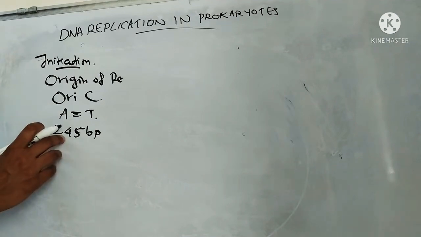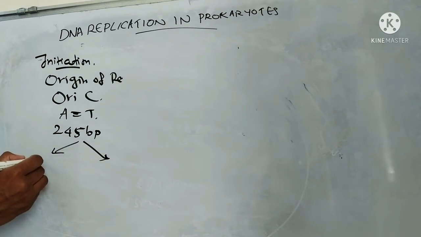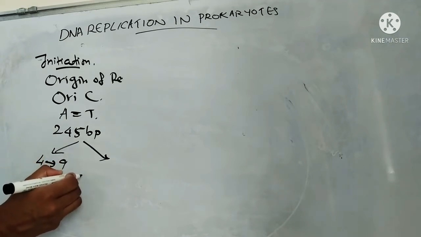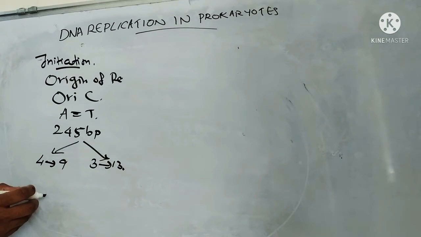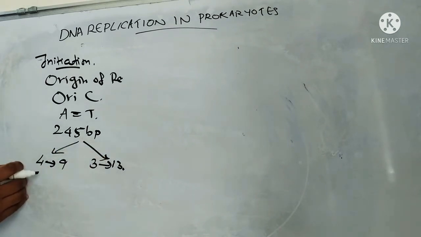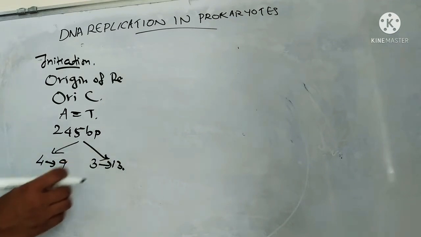This 245 base pairs consists of 2 short sequences: one is 4 repeats of a 9 base pair sequence and the second one is 3 repeats of a 13 base pair sequence.